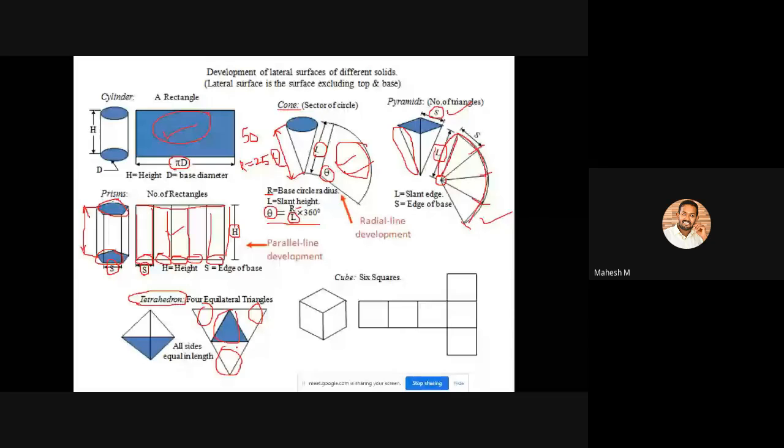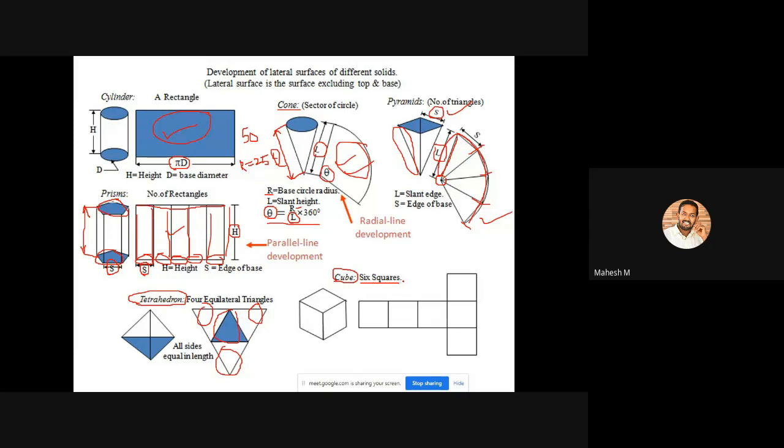Next, development of lateral surface: you have to be very careful only for this particular solid, which is called a cube. Normally a cube has six squares, right? It has six surfaces, and all the surfaces have equal area. So you can't find which is the top surface and which is the bottom surface of a cube, because all six surfaces are equal.